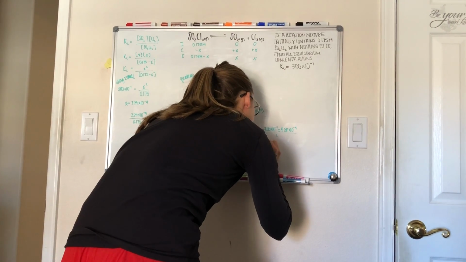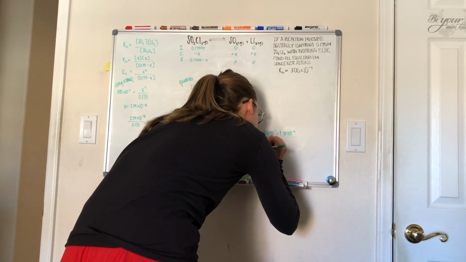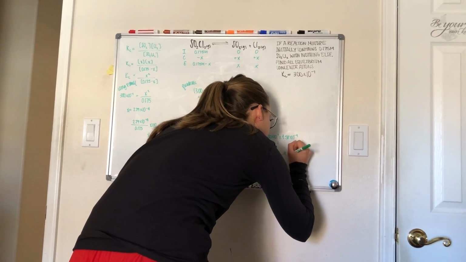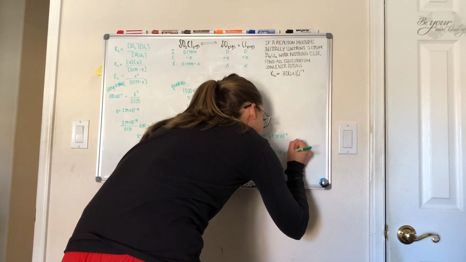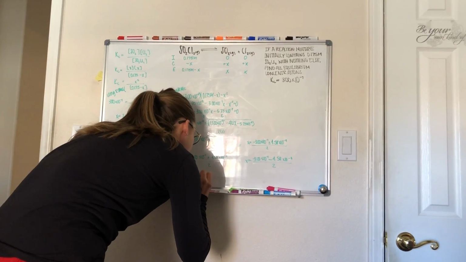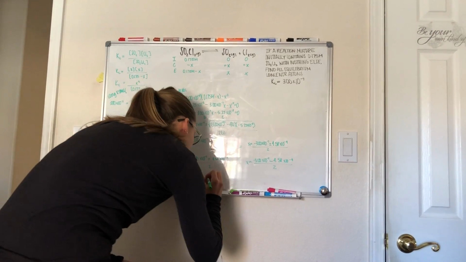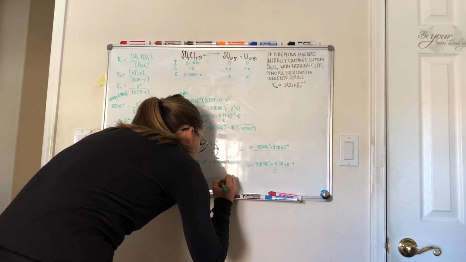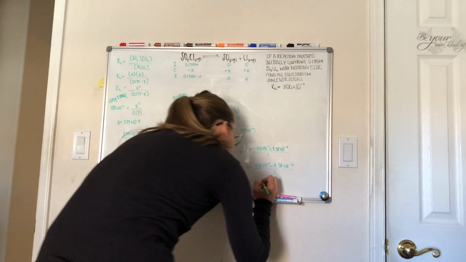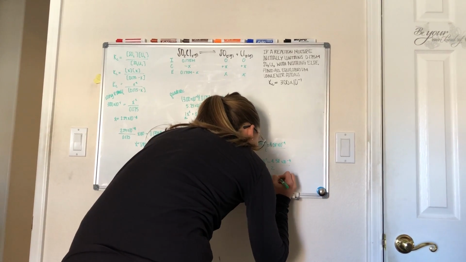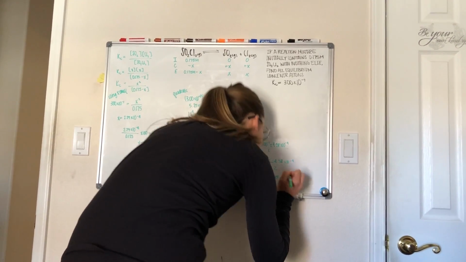And then x equals negative 3.00 times 10 to the negative 7 minus 4.58 times 10 to the negative 4 divided by 2. And in this instance, x is going to give you 2.289 times 10 to the negative 4. And on this side, x gives you negative 2.289 times 10 to the negative 4.